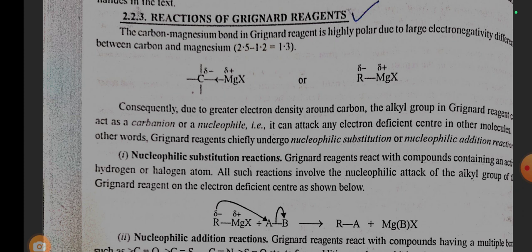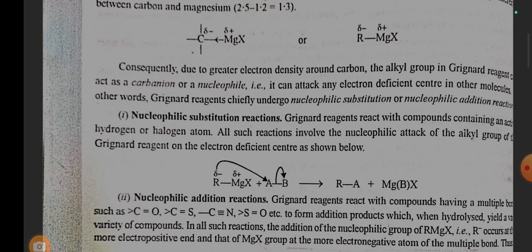In other words, Grignard reagents chiefly undergo nucleophilic substitution or nucleophilic addition reactions. 1. Nucleophilic substitution reactions. Grignard reagents react with compounds containing an active hydrogen or halogen atom.